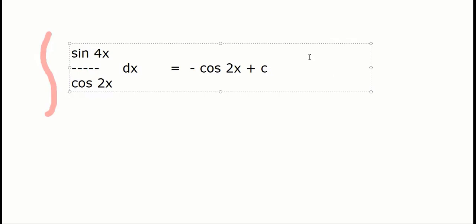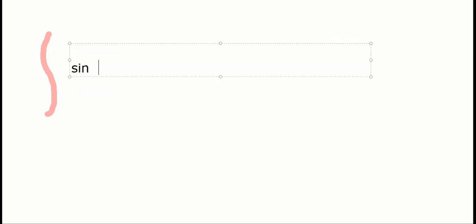But what if I give a question like this? If I say sin 8x, it means the power is 8, minus cos of 8x. Now we are going to go deep and deep and deep.